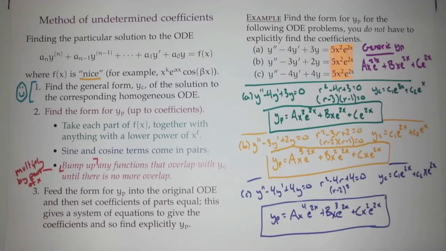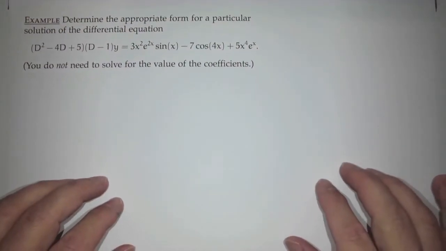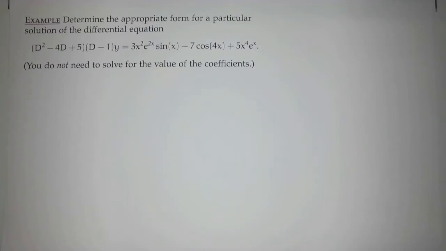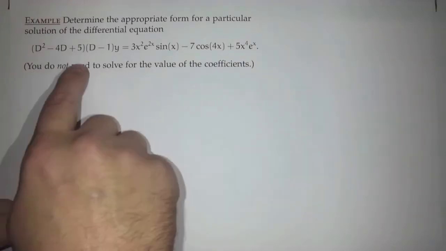All right, good. Well, now that we've had that warm up, let's try something a little bit more. Determine the appropriate form for a particular solution of the differential equation, and it's written there: D squared minus 4D plus 5 times D minus 1 times y.